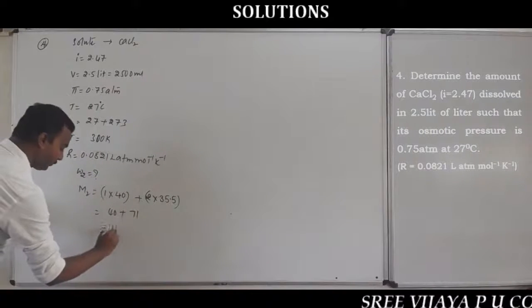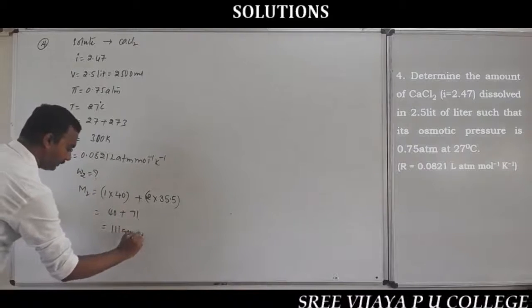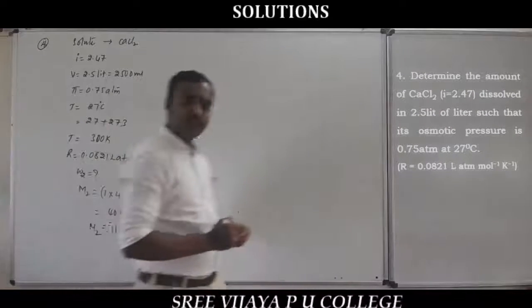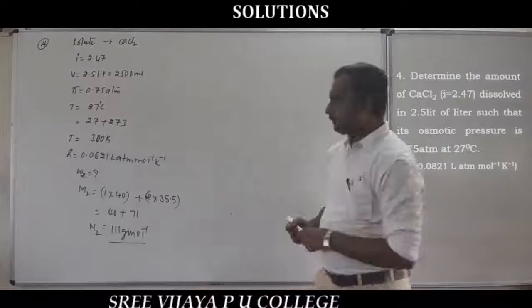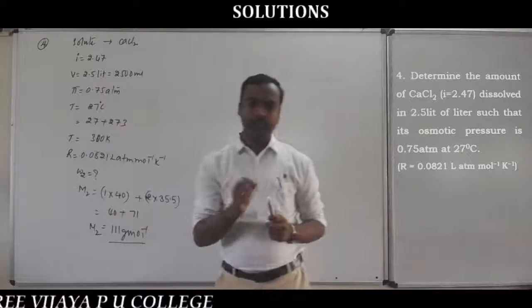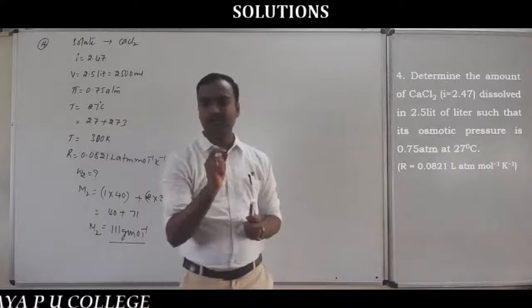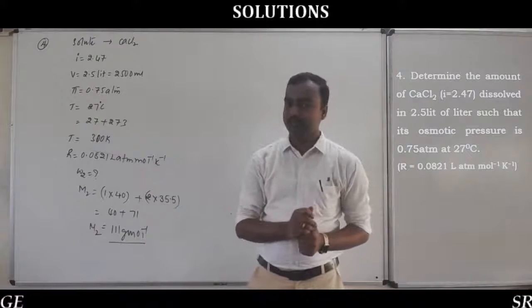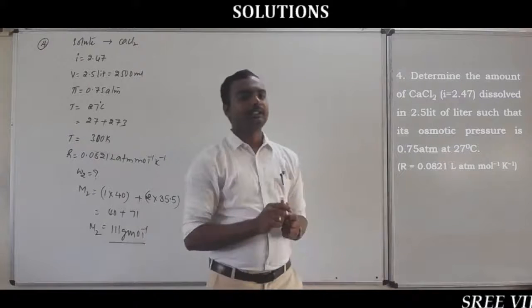That is equal to 111 gram per mole, the molar mass of calcium chloride, the solute here. Now in this problem, they have given the i value, so the i value is put in the equation modified by the Van't Hoff factor, that is the modified equation of colligative properties.